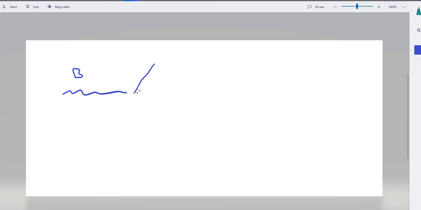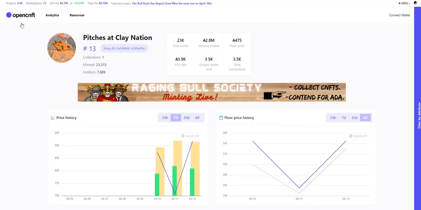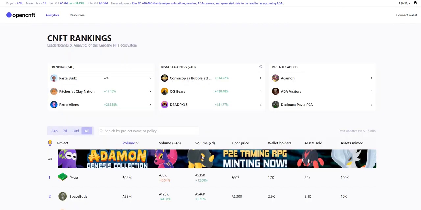Whenever you see something like that happen, usually you're going to be on OpenCNFT. I meant to be on this page. You're going to see your largest gainers over the last 24 hours, and what's been trending for the last 24 hours. Recently added, no one cares about. You want to see the biggest gainers, what's been trending.